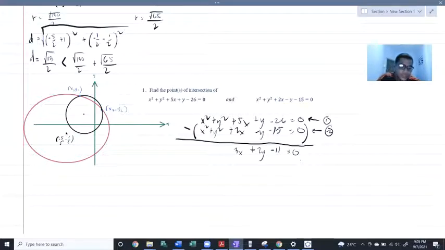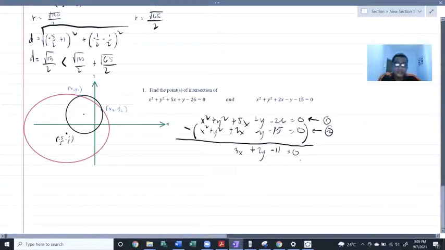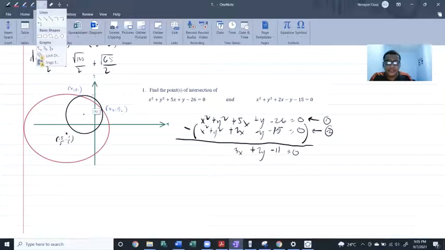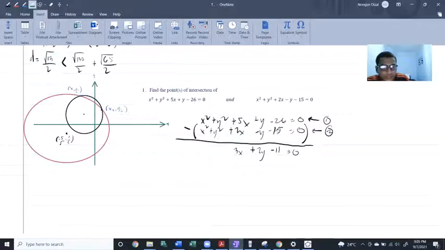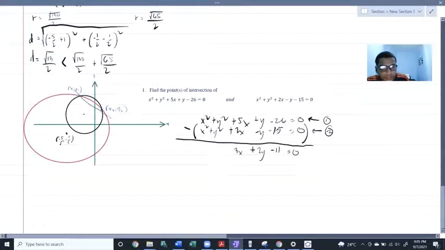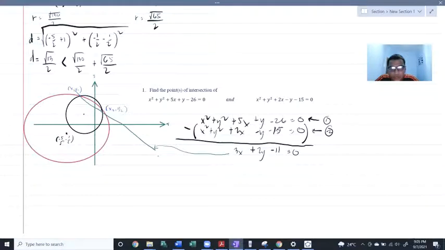This is the equation of the line that passes through the points of intersection. So ito siya, class. Ito yung equation ng line na to. So we have solved the equation of the line that passes through the points of intersection.